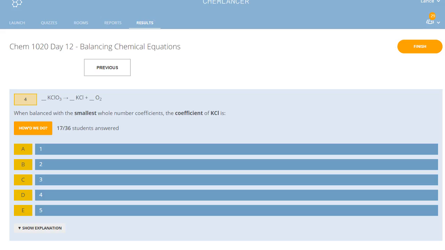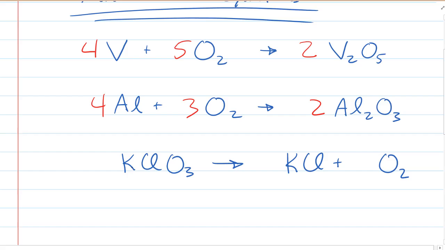So we count down on this one. 5, 4, 3, 2, 1. And the correct answer is 2. Very good. And so the coefficients left to right are 2, 2, and 3. Any questions on these? Any questions?